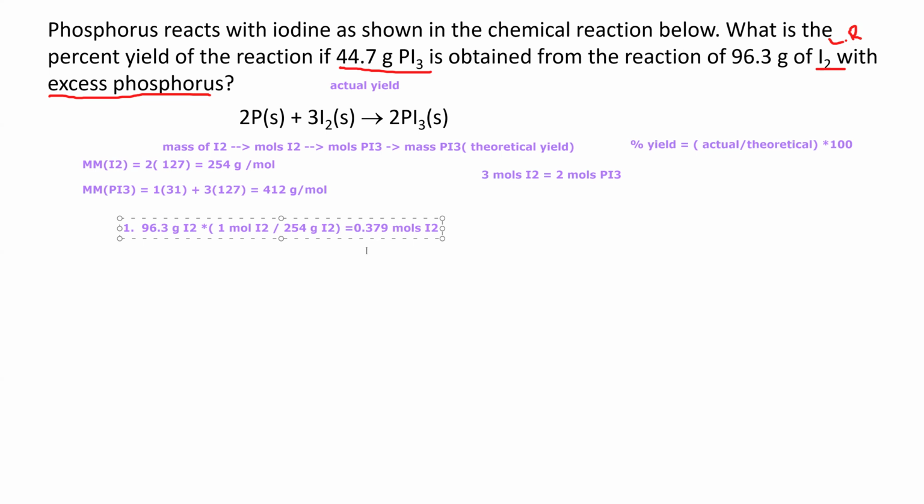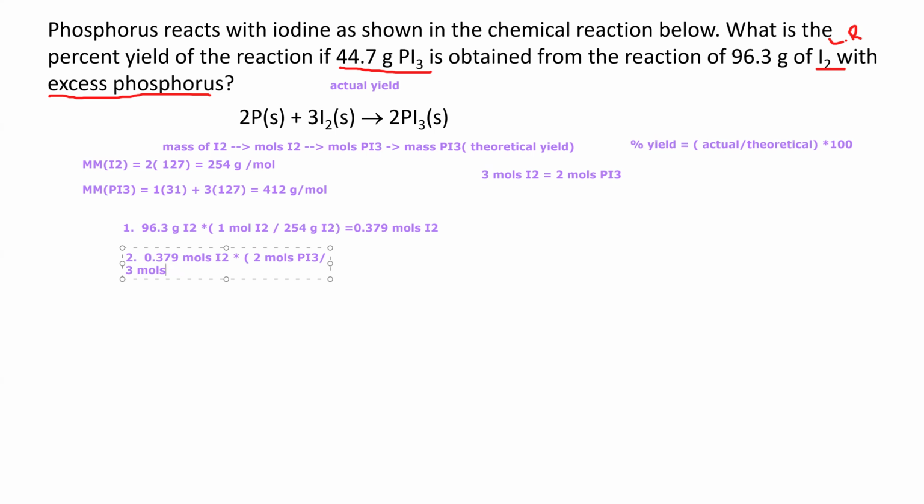That's step 1. Now in step 2, we're going to take the moles of I2 and using the mole ratio, we're going to convert that to moles of our product. Since we're starting with I2, in our mole ratio I2 goes on the bottom, PI3 goes on top.